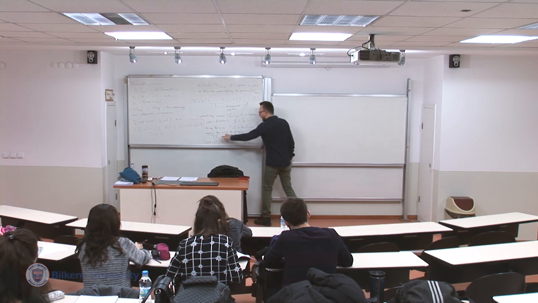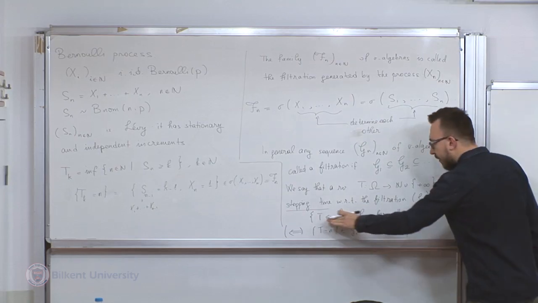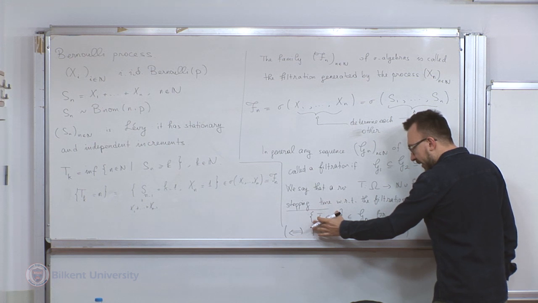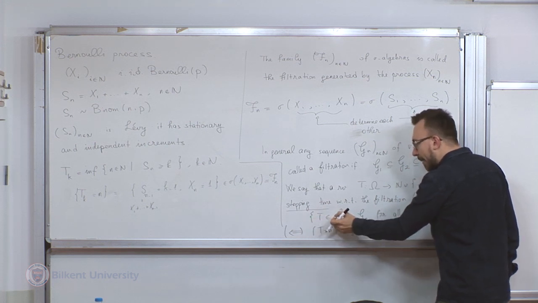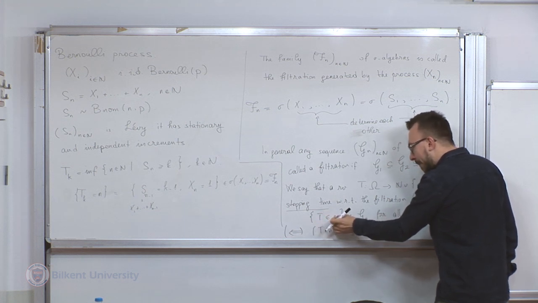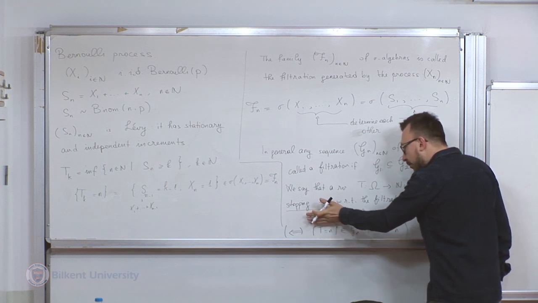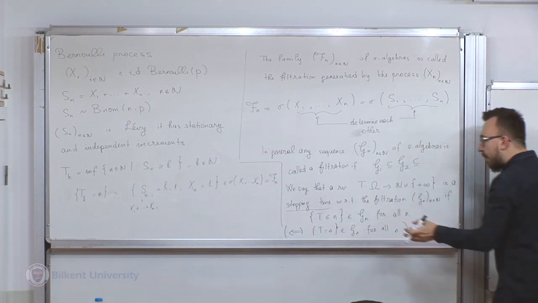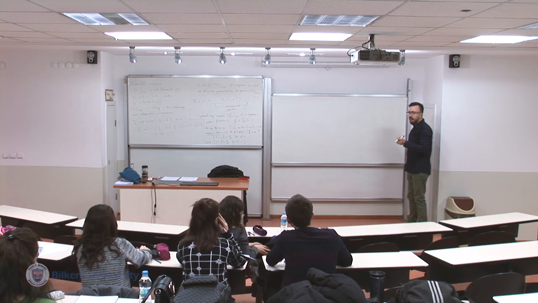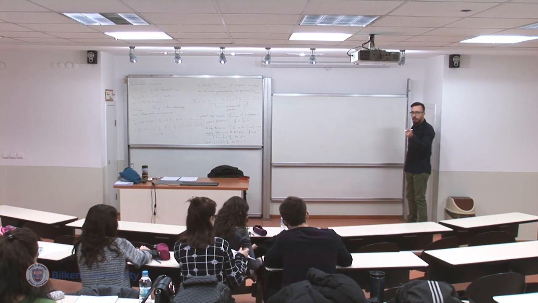And the measurability condition here is saying that we should be able to tell if this random time is realized by time n, based on the information that we have by time n. So in other words, it's like an alarm.